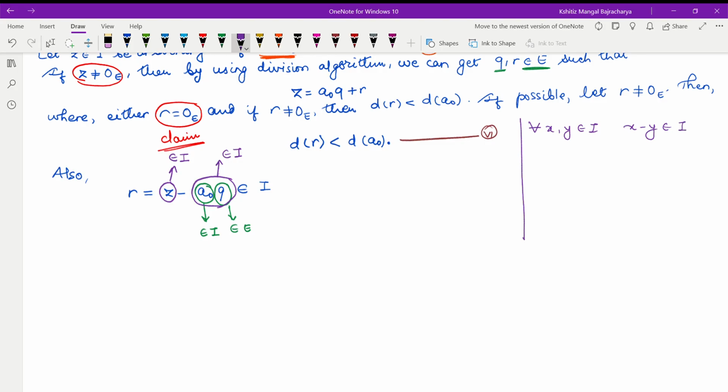So since z is in the ideal and a0 q is in the ideal, z minus a0 q is in the ideal, and therefore since z minus a0 q is equal to r, we can say that r is in the ideal I.